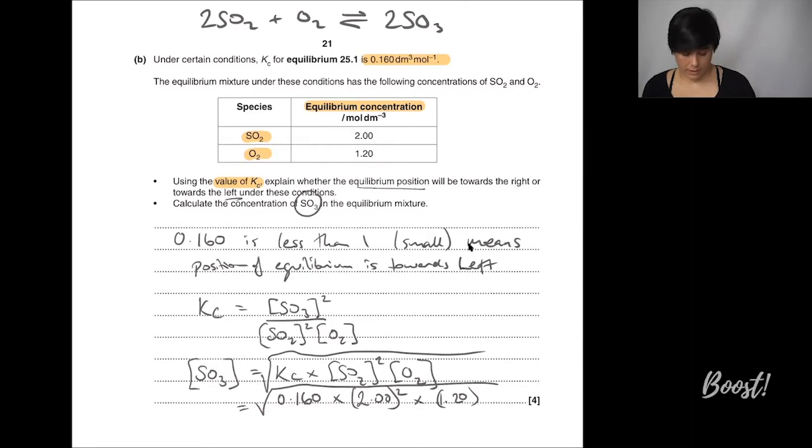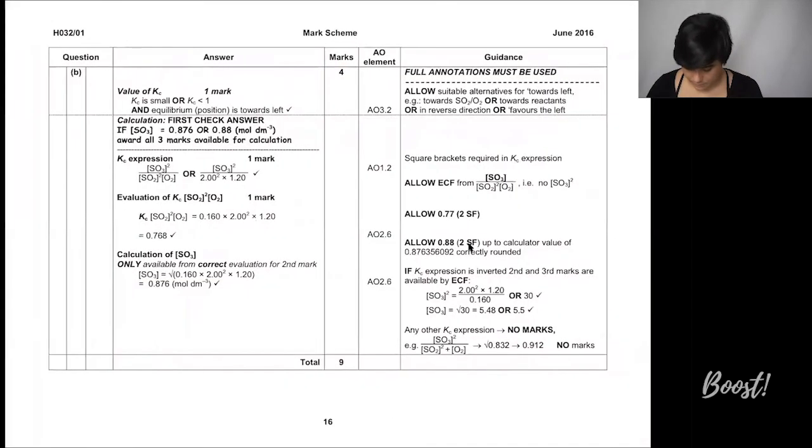I'll just do that quickly now, just to check that I get the right answer. 0.160 times 2 squared times 1.2, and then square root that. That gives me 0.87635, and so 0.876. We'll just double check that answer. Yeah, so that's the answer.